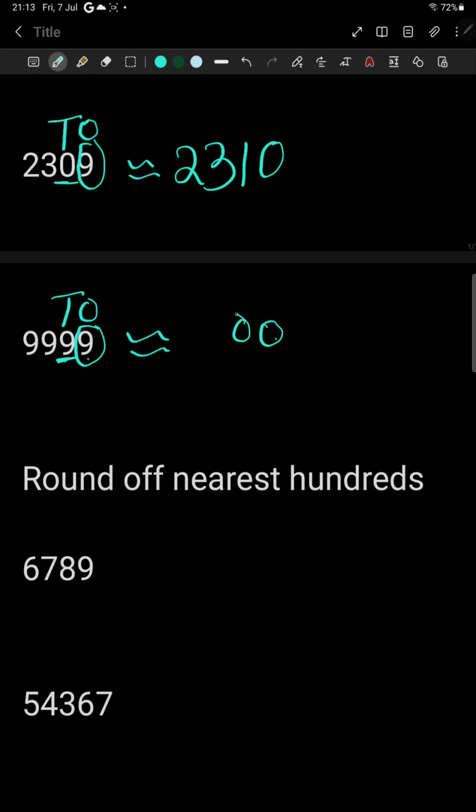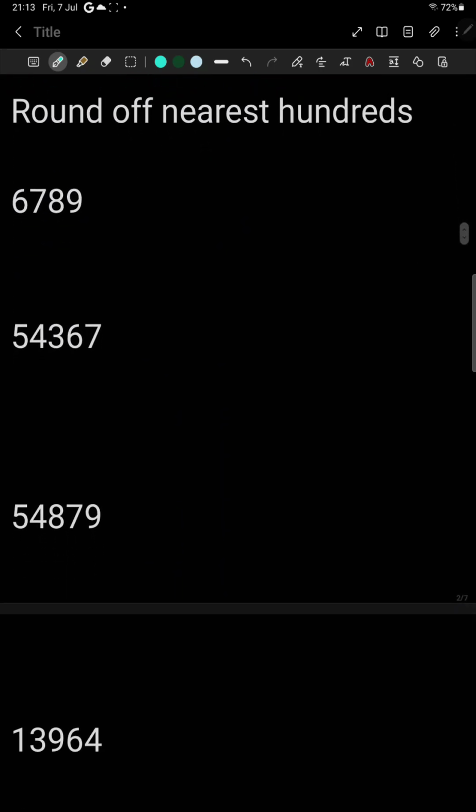So we will write 0 over here and 1 will be carried. Now 9 plus 1, again this is 10. So we will write 0 over here and 1 will be carried again. 9 plus 1 will be 10. So 9999, when rounded off to the nearest tens, will become 10,000. Round off to the nearest hundreds.